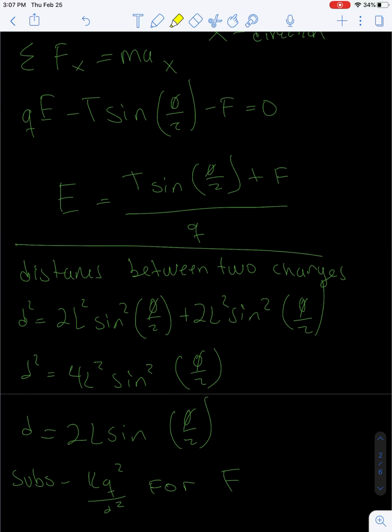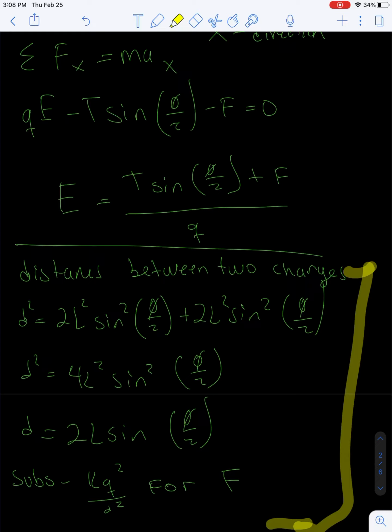Now, we then have to use both figures and the distance between the two charges, which is given in the problem, and this is knowledge that we should have known in order to solve the problem. d over 2 equals the square root of l squared sine squared theta over 2 plus l squared sine squared theta over 2.